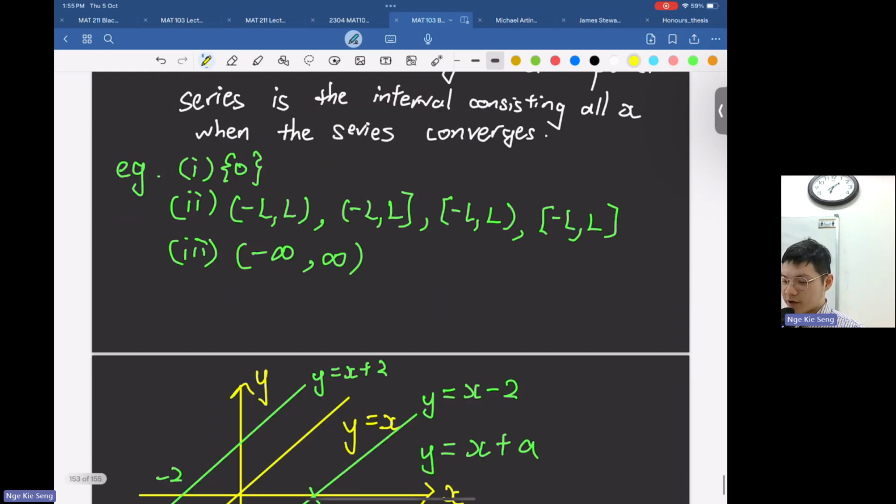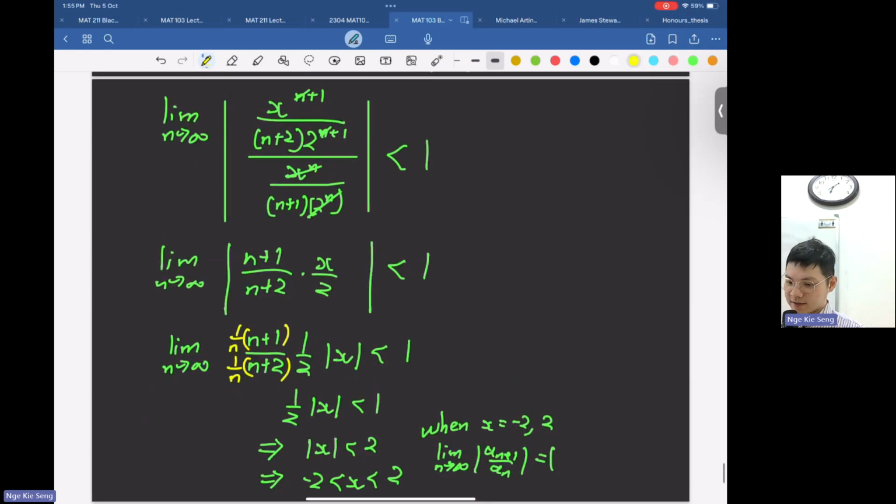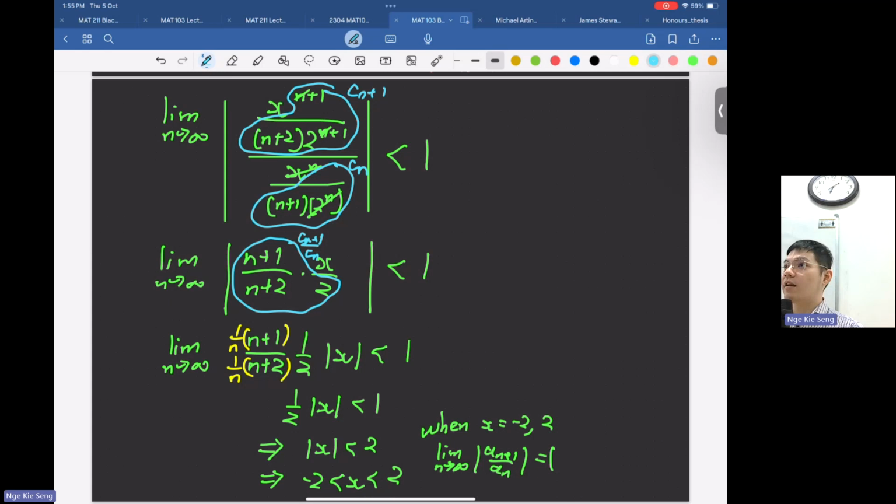So remember how we computed just now. Where is the Cn here? Cn is this part, Cn plus 1 is this part. And then what do we do? We really compute Cn plus 1 over Cn. But you see, as we said, the limit only has effect on the Cn and Cn plus 1, not the x.